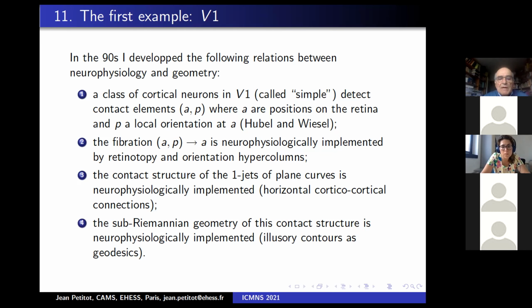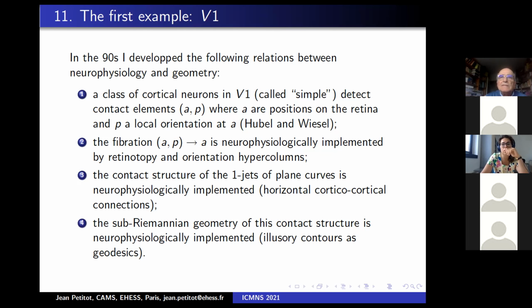And fourth, the sub-Riemannian geometry of this contact structure is neurophysiologically implemented. In particular, illusory contours can be interpreted as geodesics. So you see that it is exactly as in general relativity. You need a deeper concept of geometry, Riemannian geometry, to understand how inertial motions of planets can be at the same time very, very complex motions, because the space is curved, is a Riemannian manifold.